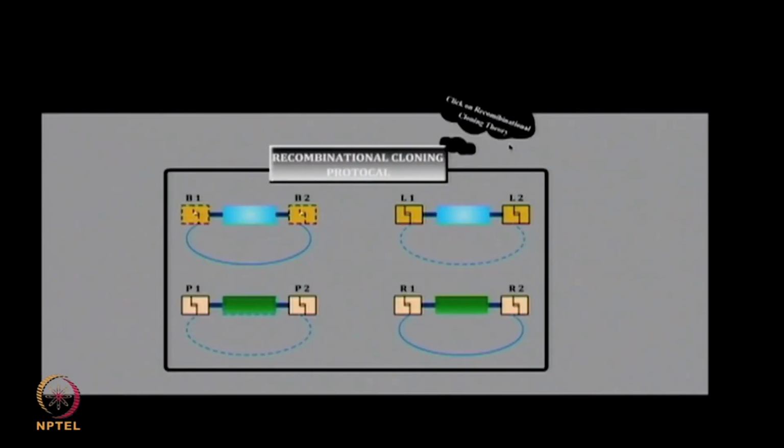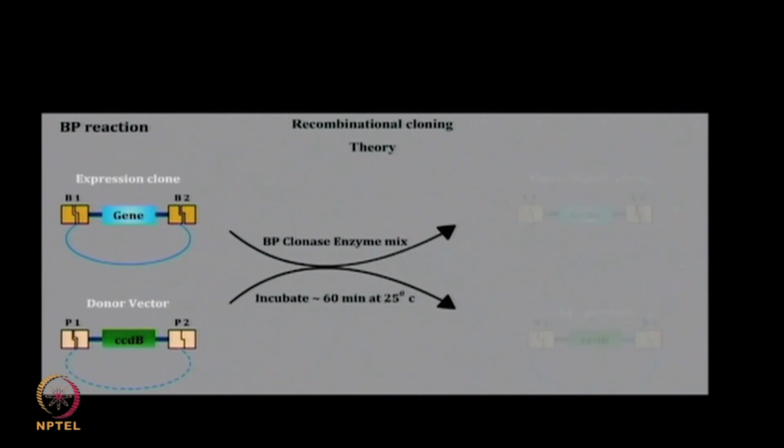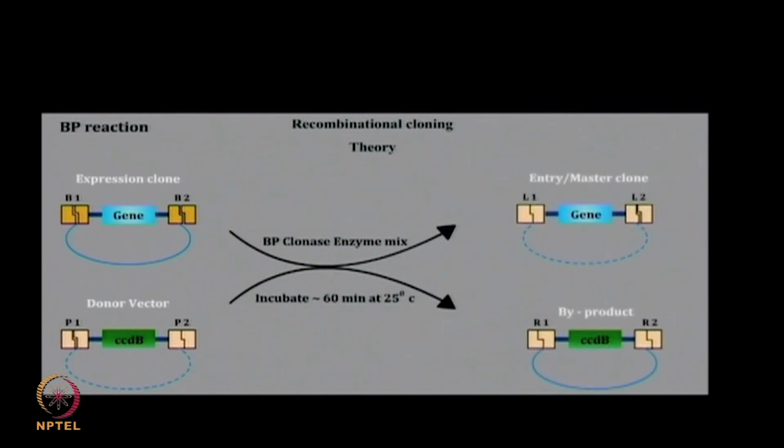Let us now talk about recombinational cloning. The recombinational cloning involves two reactions, BP reaction and LR reaction. The BP reaction of gateway cloning is a site specific recombination reaction between the att B site of an expression clone or a PCR product and the att P site of a donor vector in the presence of BP clonase enzyme master mix.